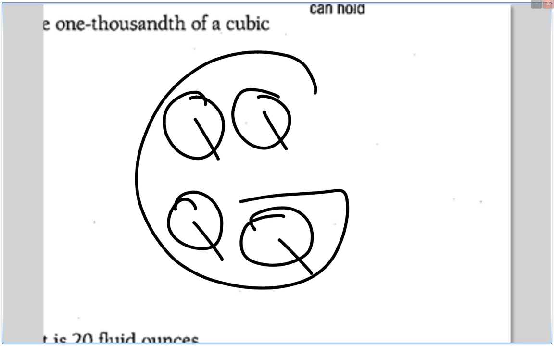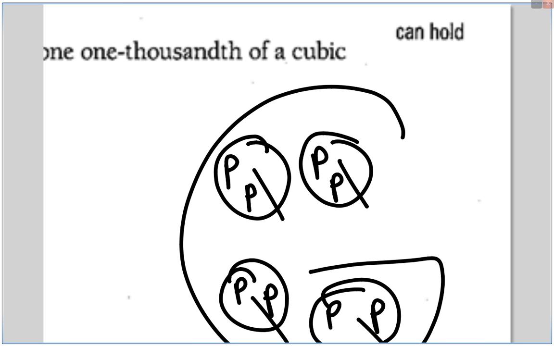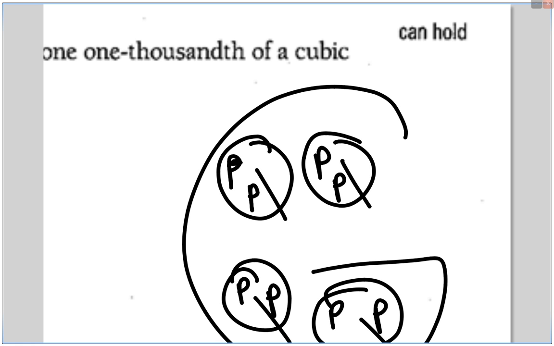So in each Q, there's 2 pints. And then in each pint, there's 2 cups. So then you'd have to blow this up even bigger and see if you can fit 2 C's in there.